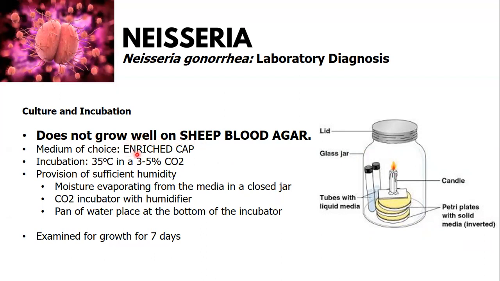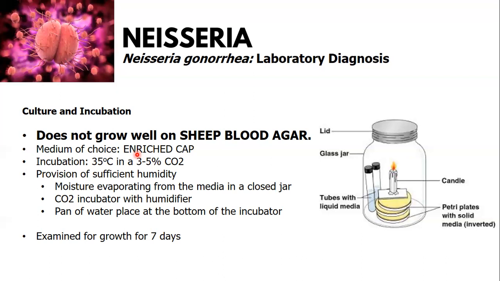When we say enriched chocolate agar plate, although chocolate agar plates by themselves are already enriched because they have been added with blood that is lysed when heated at high temperatures to liberate X factor and other nutrients present in the red blood cells, they are further enriched with antibiotics and other supplemental nutrients to support the growth of Neisseria gonorrhoeae.